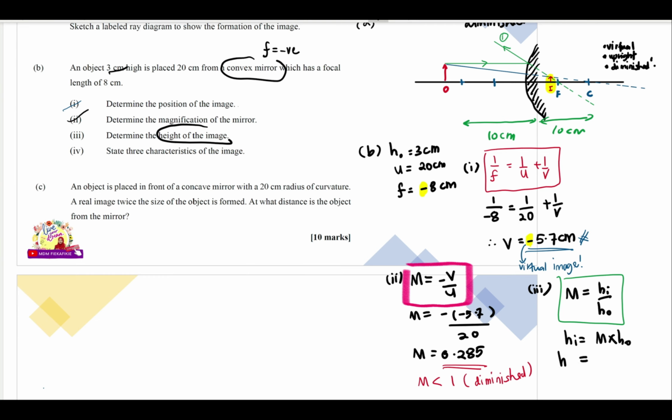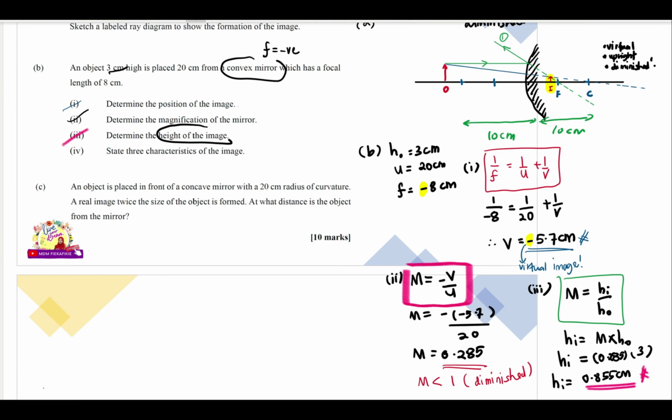So kita boleh kira, magnification tadi 0.285 and then the height of the object is 3 cm. So the answer for the height of the image is 0.855 cm. Memang kecil.